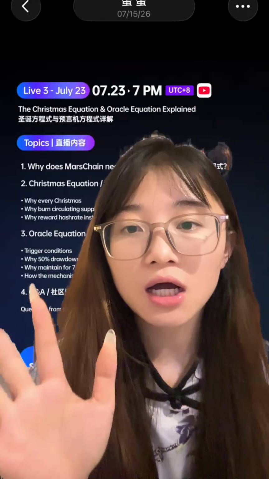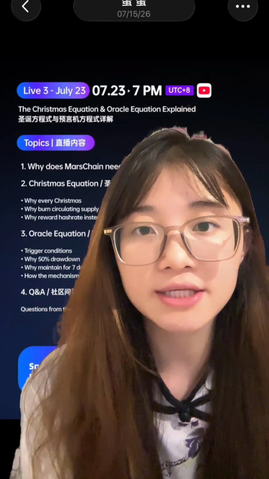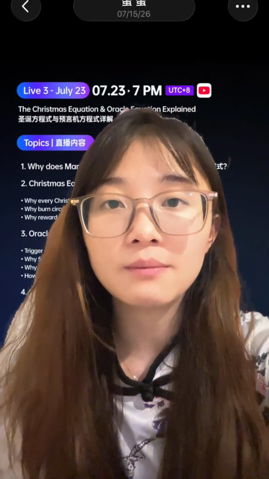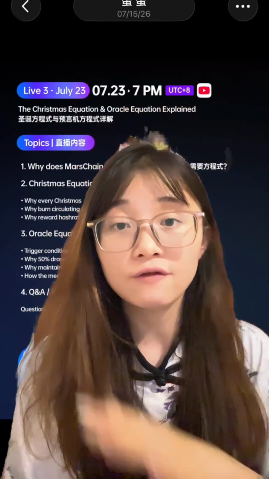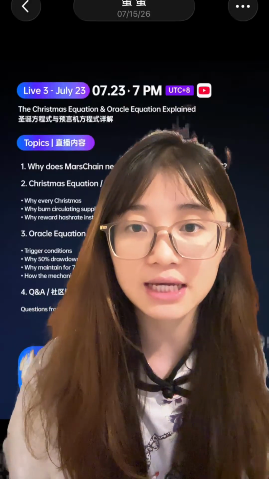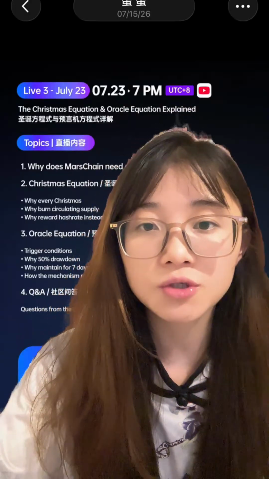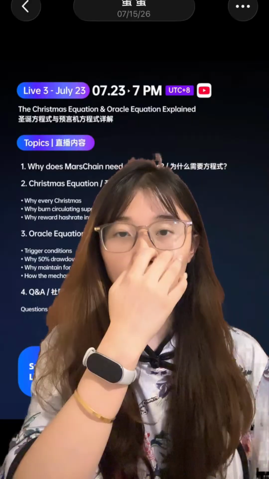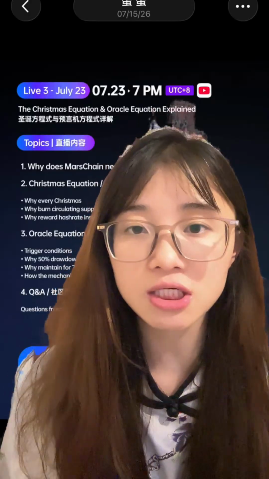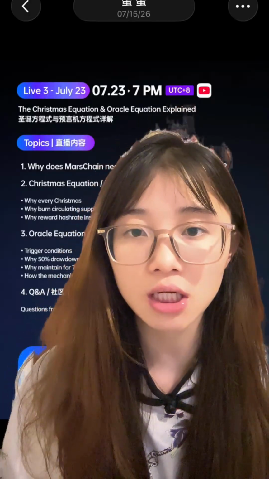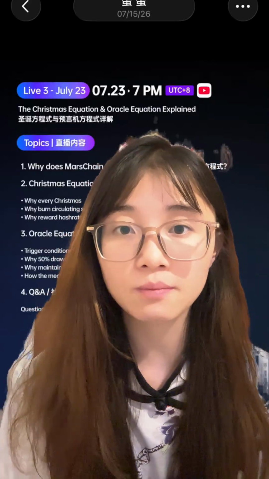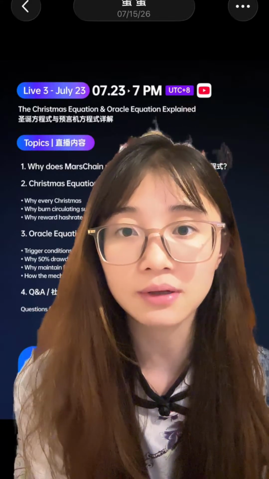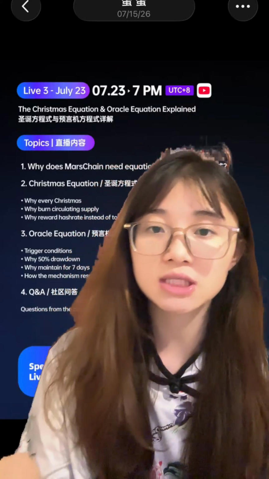The condition to trigger this equation is when the price of the Mars token retraces about 50% from ATH in 7 consecutive days. Then this equation will be triggered. It functions the same as the Christmas equation, needing participants to burn 35% of circulating supply in the market, which also deflates the market.